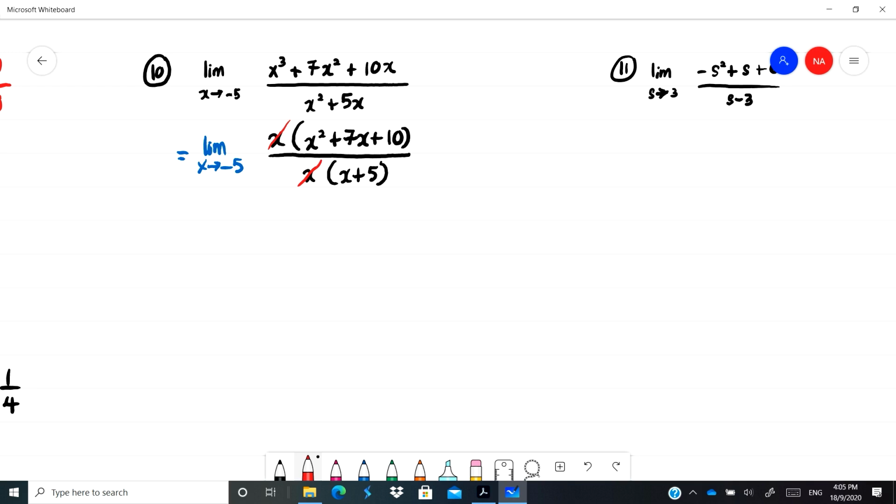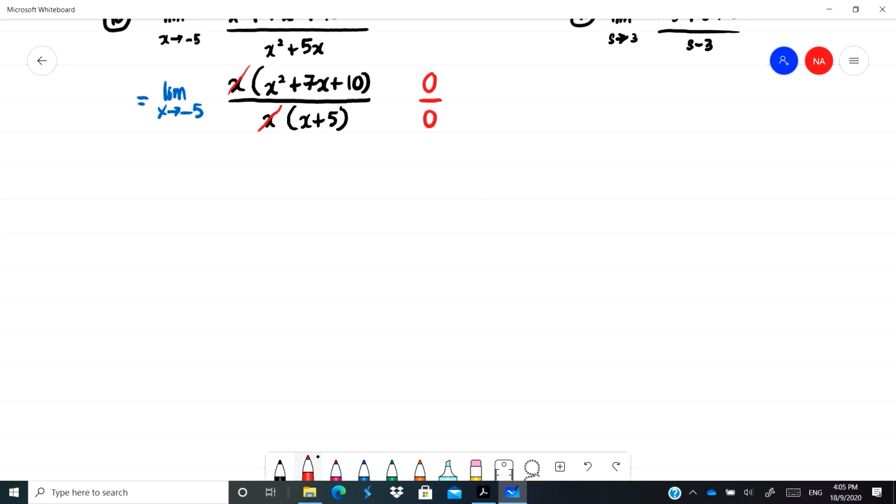If you try to substitute the value of x with negative 5, you still have 0 over 0. So you still have to factorize the numerator. Firstly, write the limit as x approaching negative 5, because we have not substituted x with negative 5. Factorizing the numerator, we get x plus 5 times x plus 2, over x plus 5.